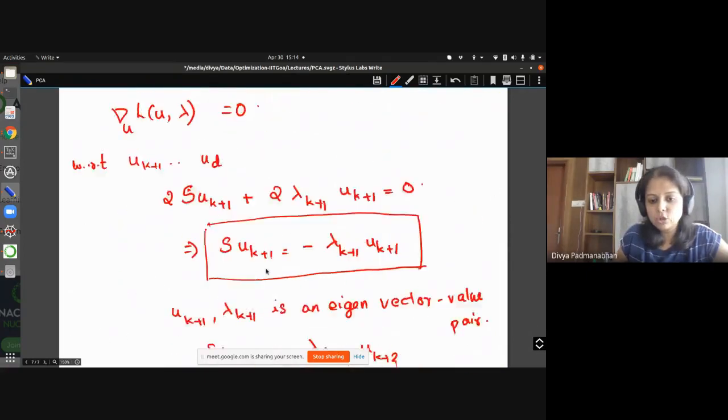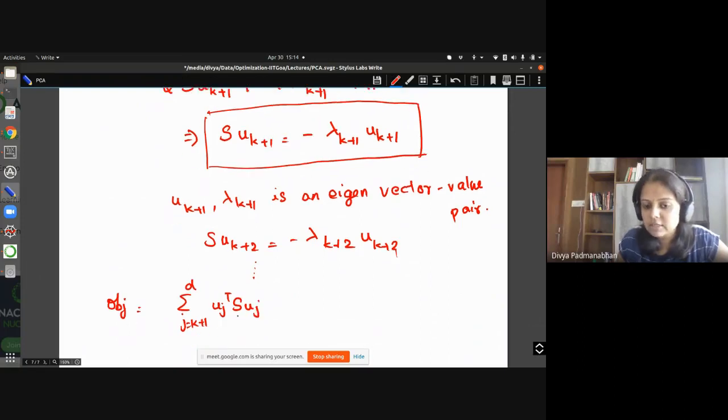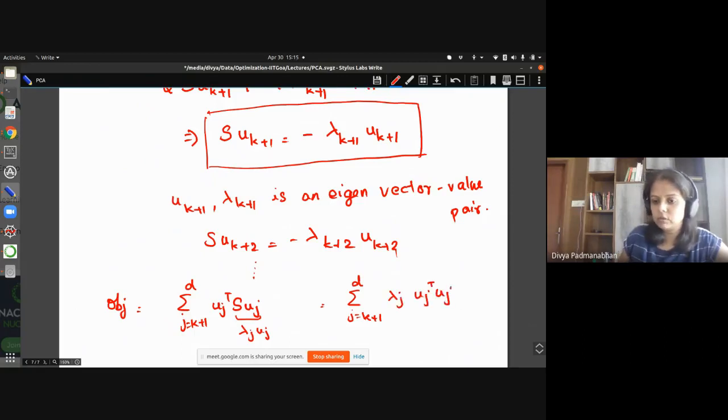So if you substitute the value of the objective with these eigenvalue pairs, what you're going to get is the sum over j equals k+1 to d of u_j transpose S u_j. Because u_j is an eigenvector, this is going to be lambda_j u_j. So you get the sum over j equals k+1 to d of lambda_j u_j transpose u_j.